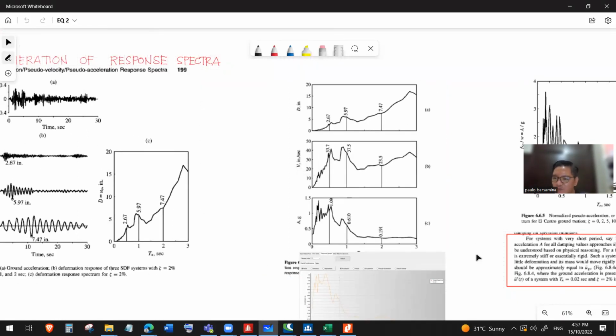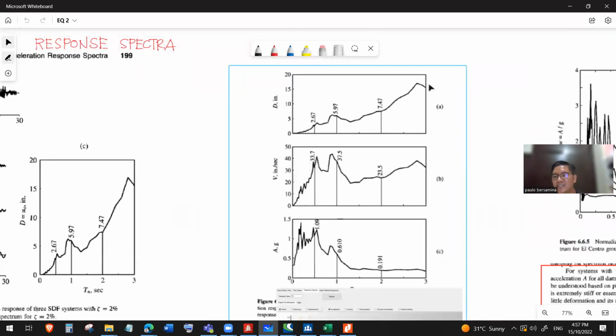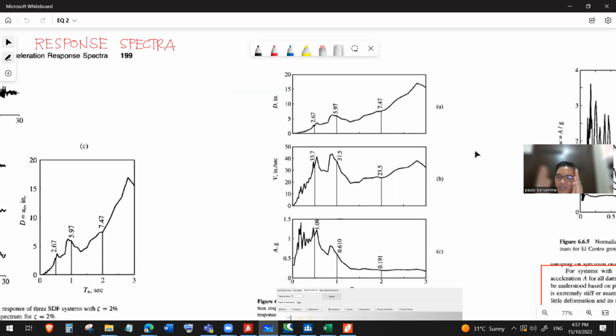And of course, related to design, you will notice that for mid-rise to high-rise buildings, because of this phenomenon, they could have even a minimum base shear, but what dictates the design is the drift, because the displacement increases. So when the drift controls, you will be forced to add shear walls to control the drift, to make the building stiffer.